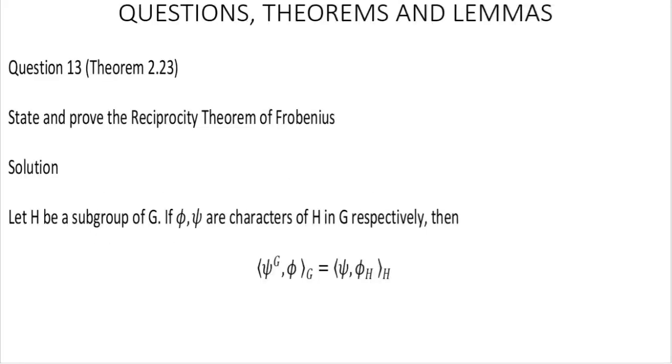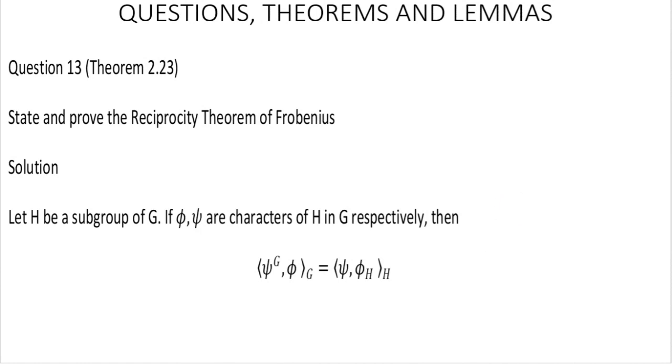The first theorem before us today, or I think the only one we'll be doing in this video, is theorem 2.23, and I have stated it as a question. It says: state and prove the reciprocity theorem of Frobenius. So we're to state it and we're to prove it. What does it state?